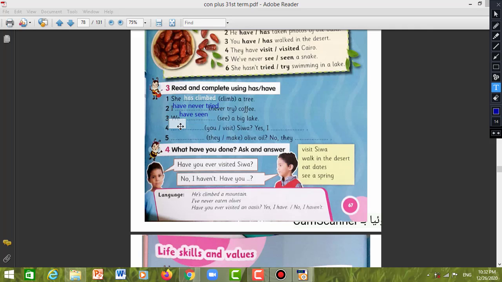Number 4, you have visited Siwa. Sorry, have you visited Siwa? We start with have because it's a question. Have you visited Siwa? Your answer will be yes, I have. Number 5.